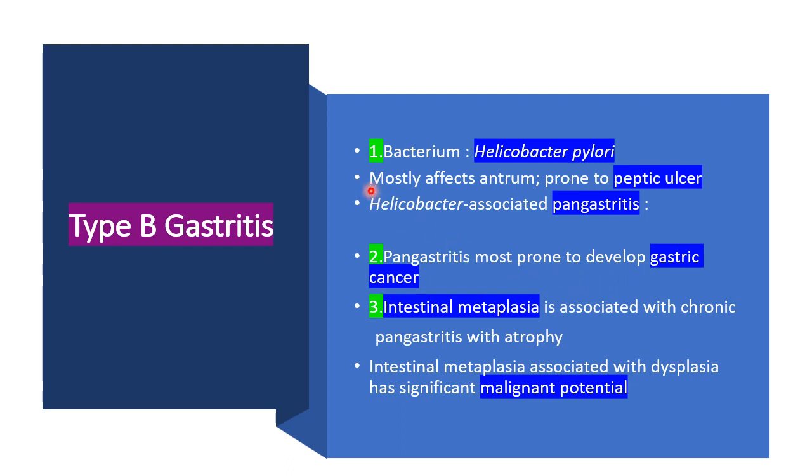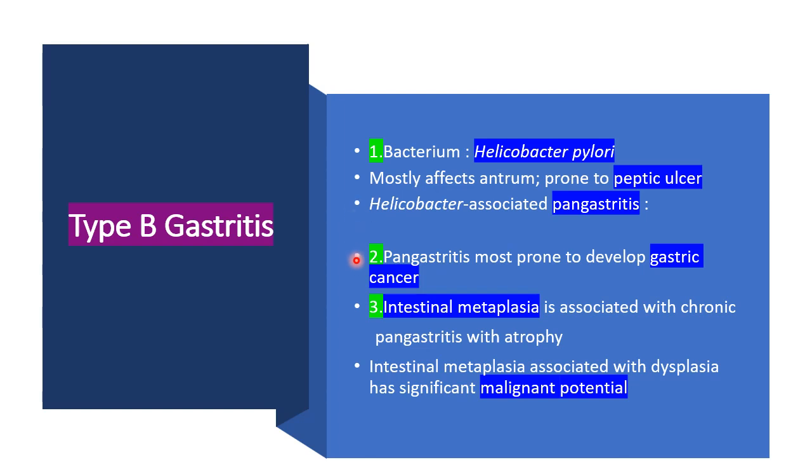The second type of gastritis is due to Helicobacter pylori, which is becoming more and more prevalent, common and better understood these days. It mostly affects the antrum and is prone to peptic ulcer. The second condition it predisposes to is pangastritis, diffuse gastritis caused by the bacteria.